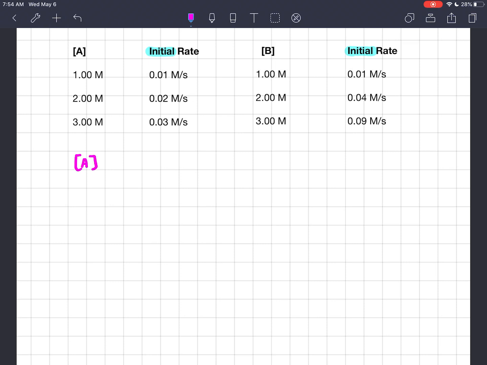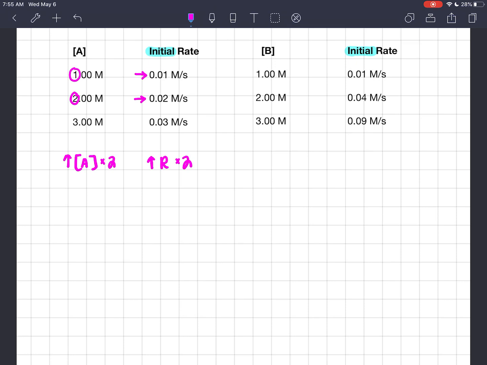So when I look at the concentration of A, when I start at 1 molar and I go to 2 molar, I am increasing the concentration of A by a factor of 2. And the resulting change that happens to the rate is it goes from 0.01 to 0.02. So my rate is also increasing by a factor of 2.